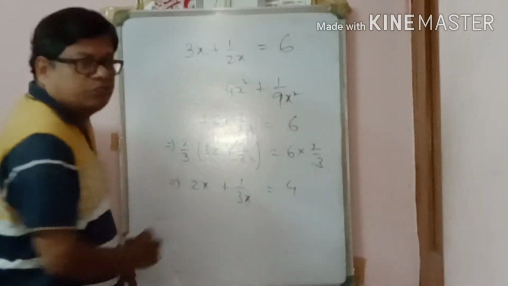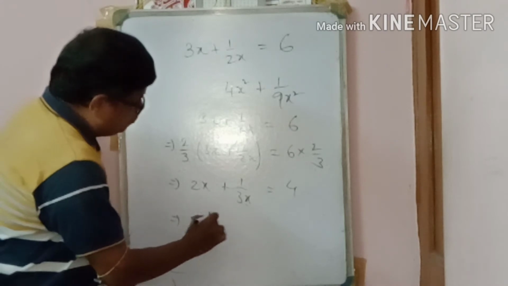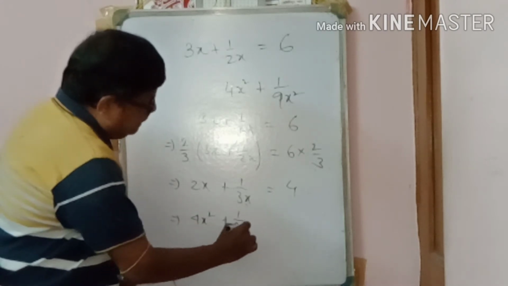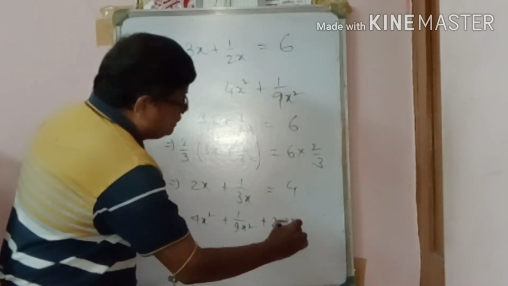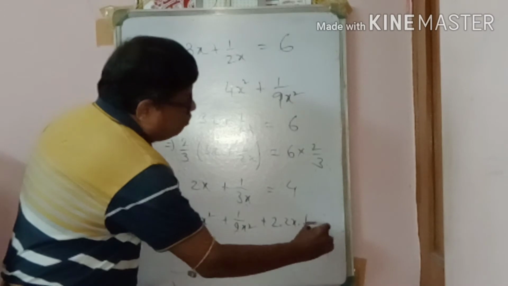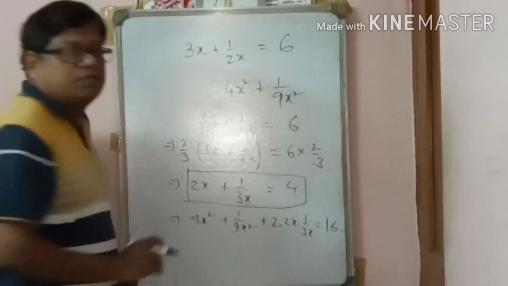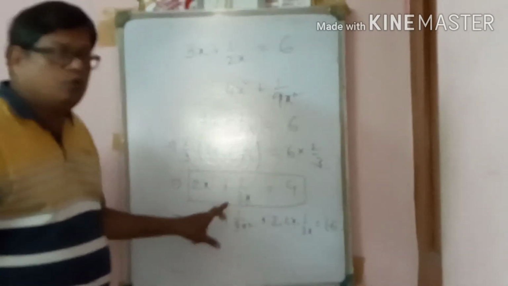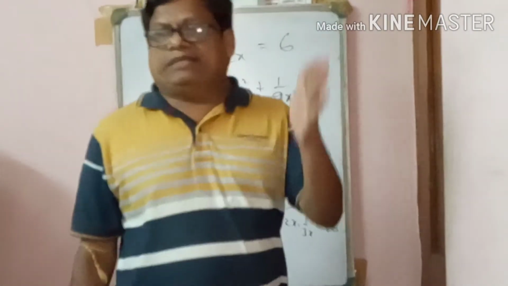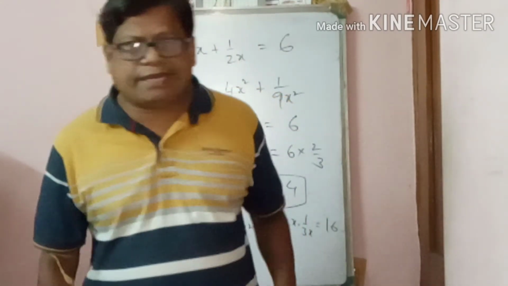Now squaring both sides. 2x whole square is 4x square, plus 1 by 9x square, plus 2ab, 2 into 2x into 1 by 3x, equal to 16. All of you know the a plus b whole square formula: a square plus 2ab plus b square. Same formula.